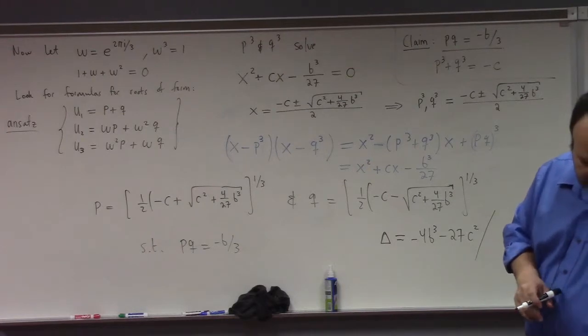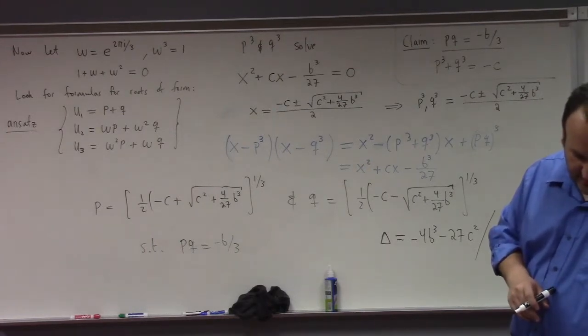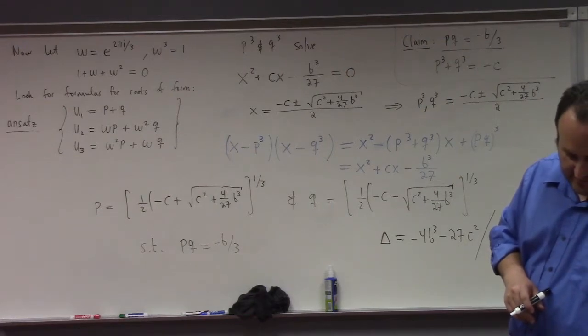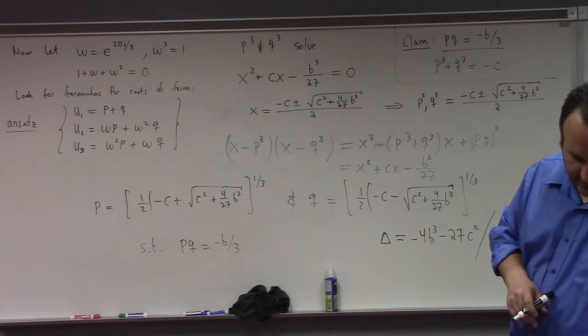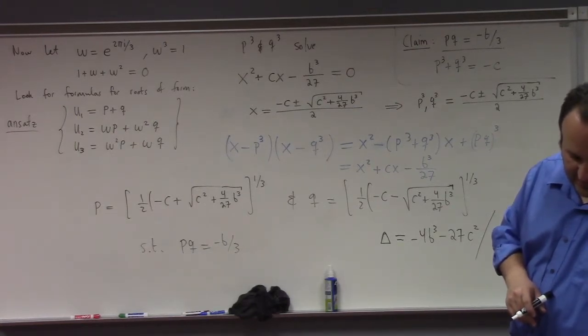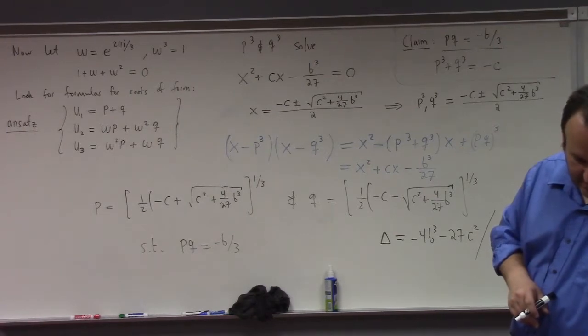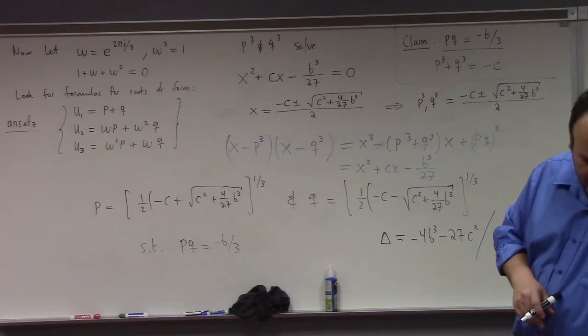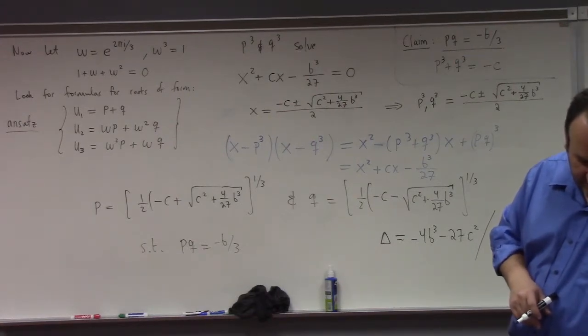So this is kind of old news. Here's the bit of history. Nicola Tartaglia rediscovered this. This cubic formula was first found by Del Ferro, 1465 to 1526, and then Tartaglia discovered it again, and Cardano published it in 1545 in the book Ars Magna.